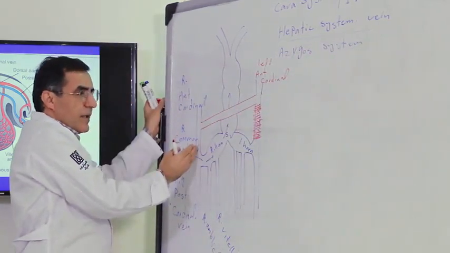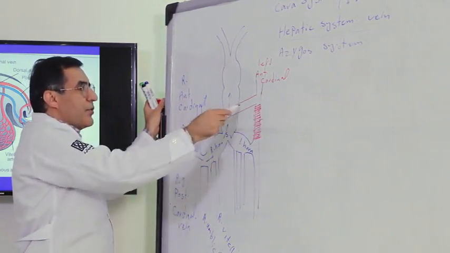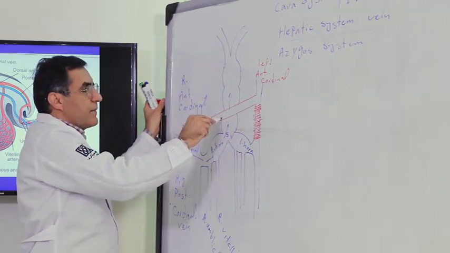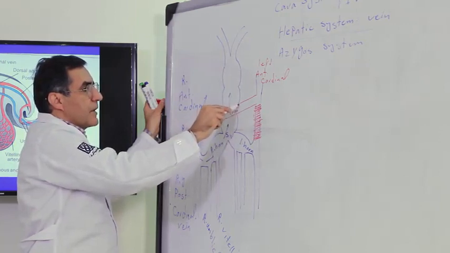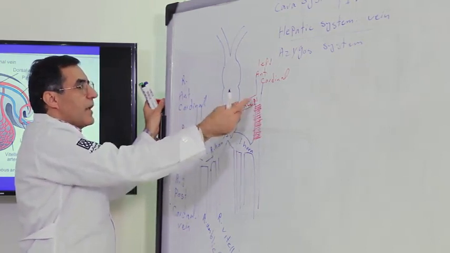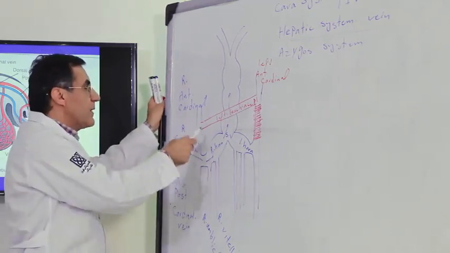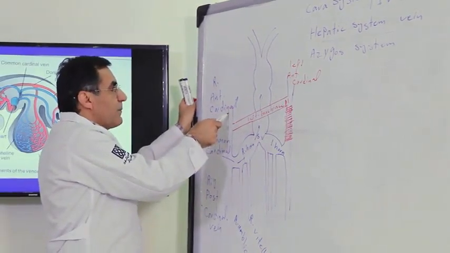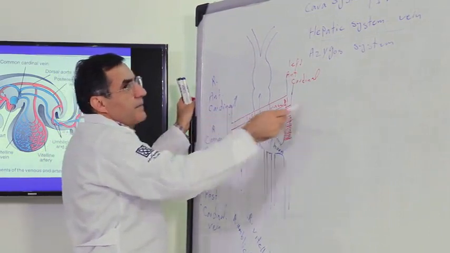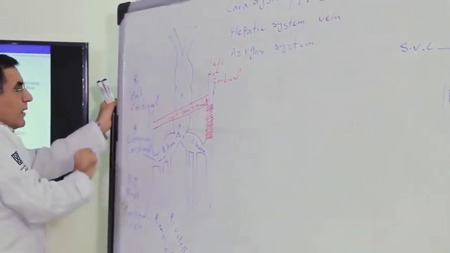the superior vena cava is forming here. This is the left brachiocephalic, the future left brachiocephalic. This vein is formed by this communicating vein between the two anterior cardinals. The right brachiocephalic, this one, is made by the right anterior cardinal vein.